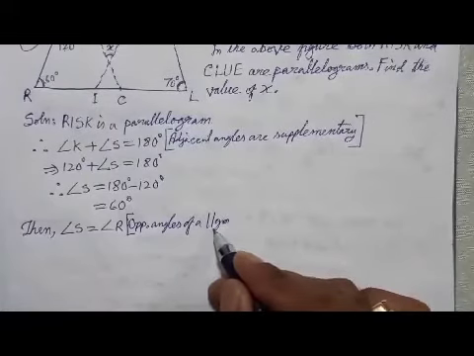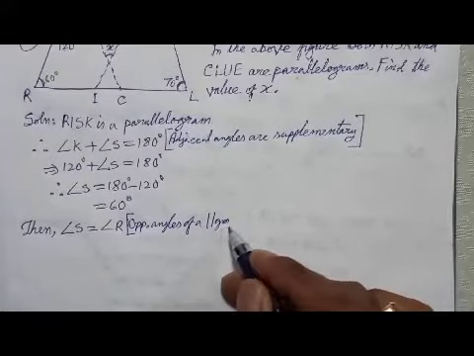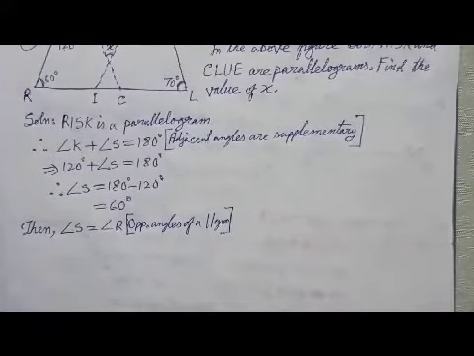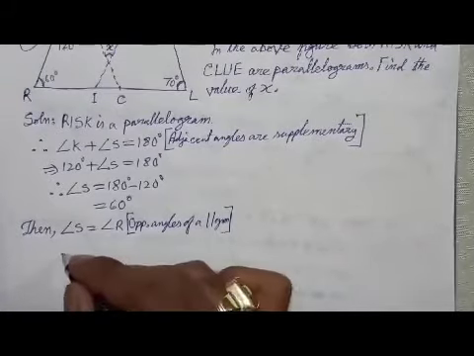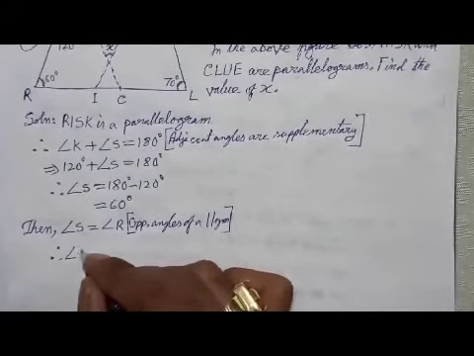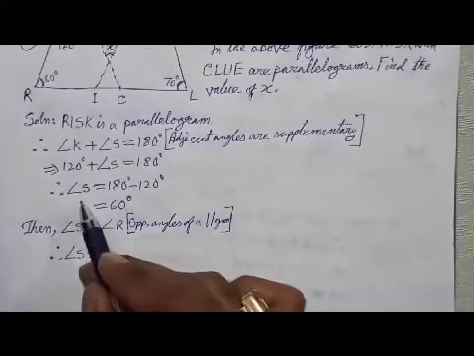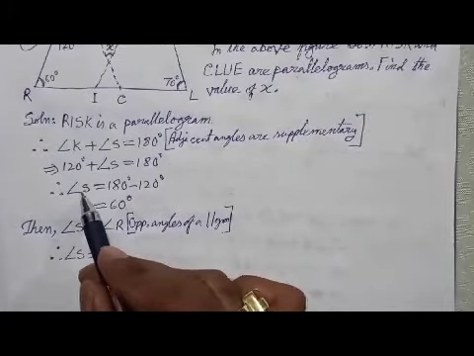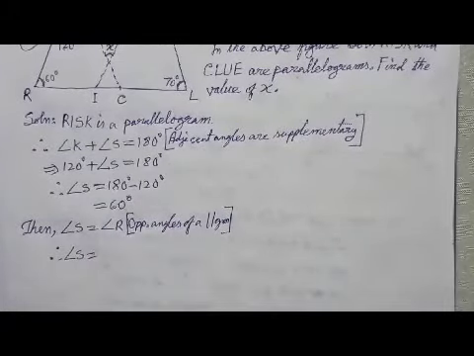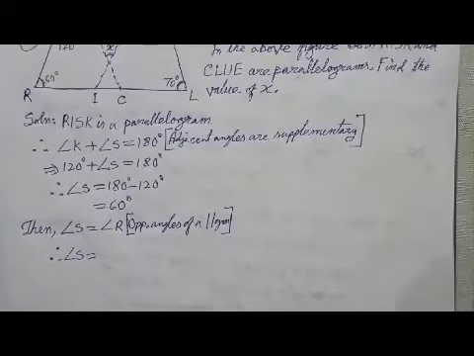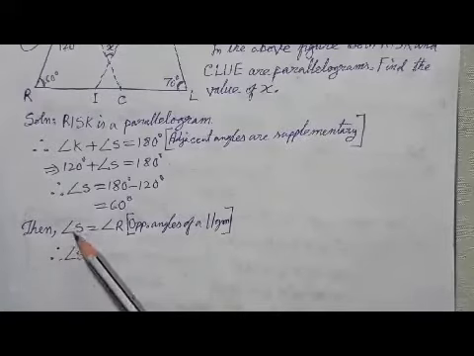And this is a short form of writing parallelogram. Therefore, angle S is equal to, here angle S is 60 degree. Okay, this step is no need, so let's leave this step.